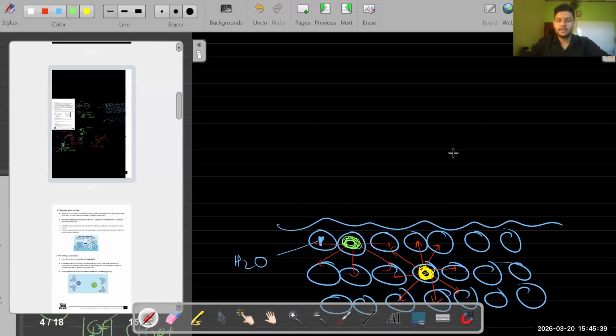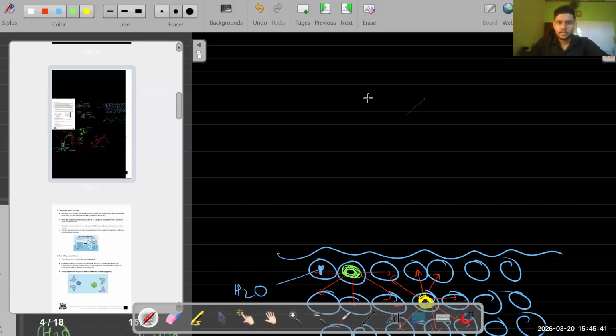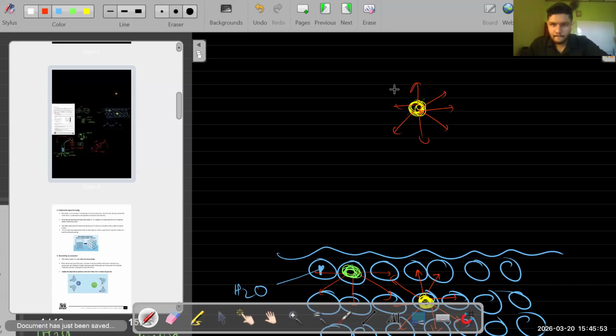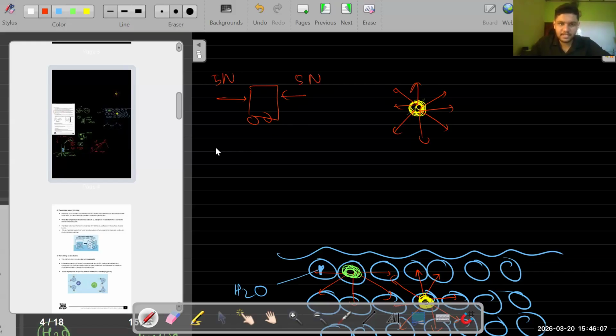Now I'll take the yellow one. It looks like this: upward, sideward, side. Now from our O level physics knowledge, see here, there is a vehicle with 5 Newton in this direction and 5 Newton in this direction. What is the resultant force here?